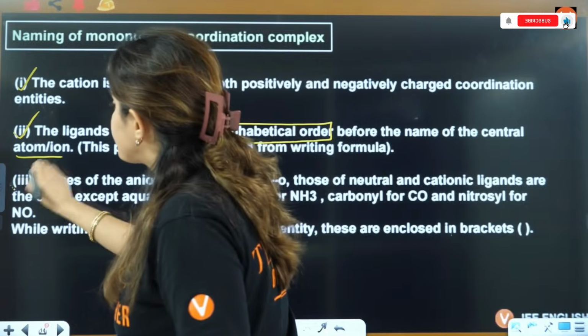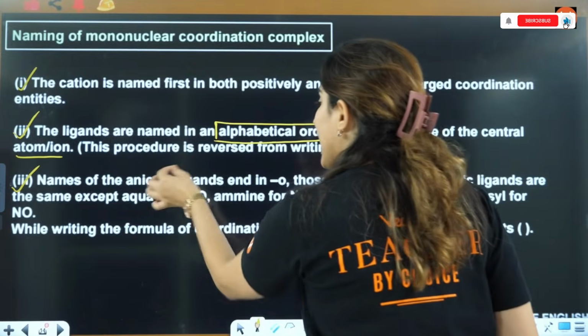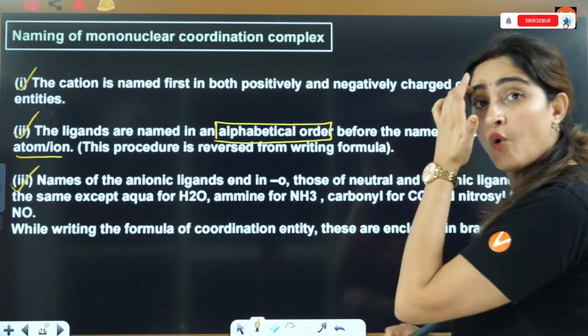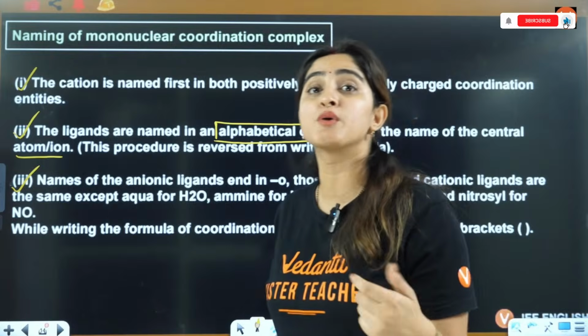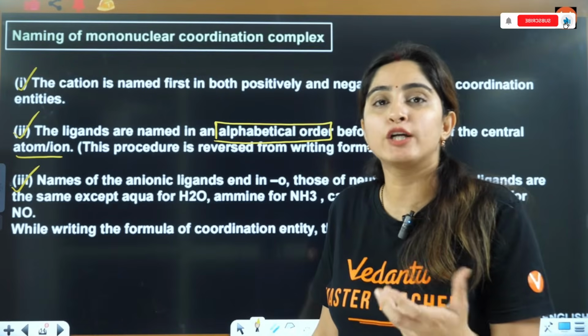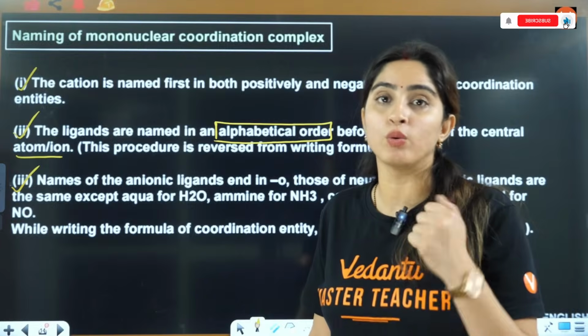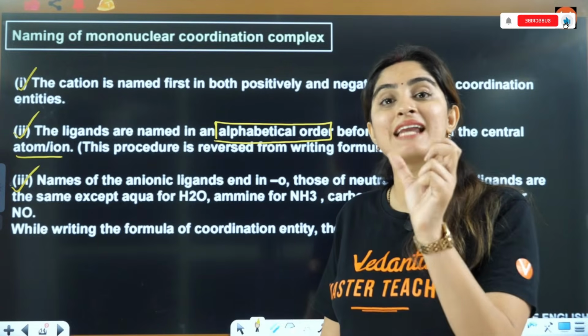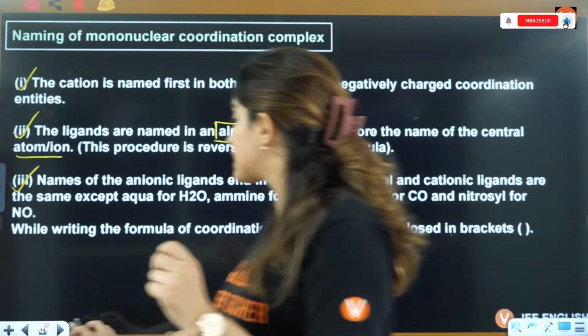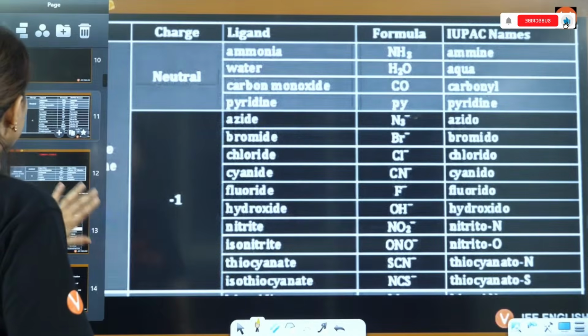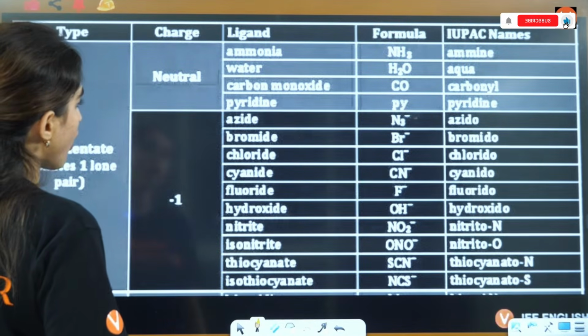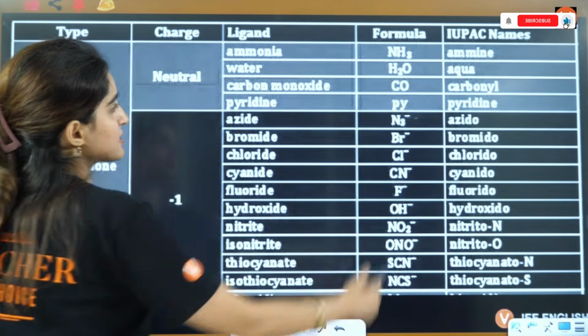Names of the anionic ligands end in O, like chloride becomes chlorido, oxalato, bromido, carbonato. All these are negative ligands. If you see here, I have also written the names of the negative ligands. Can you see the names?